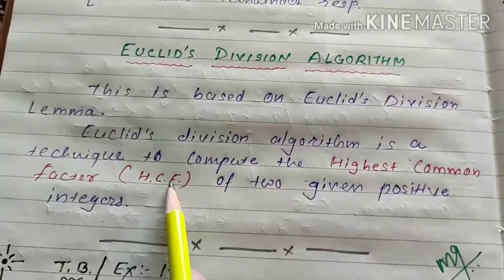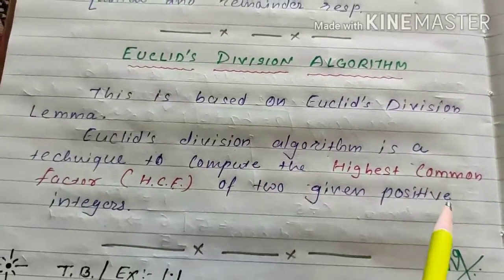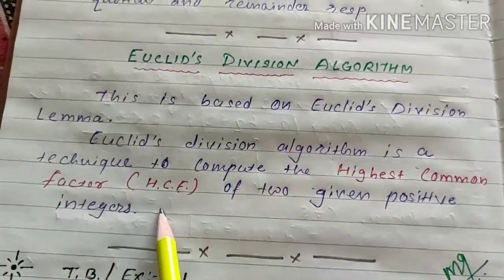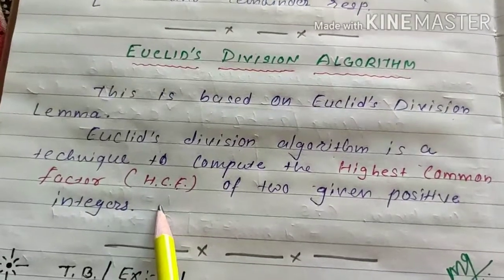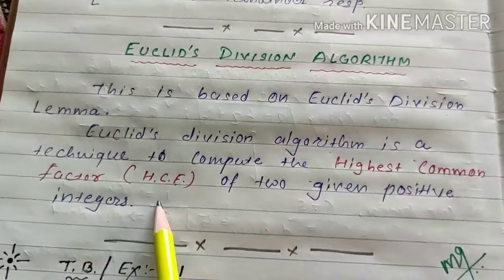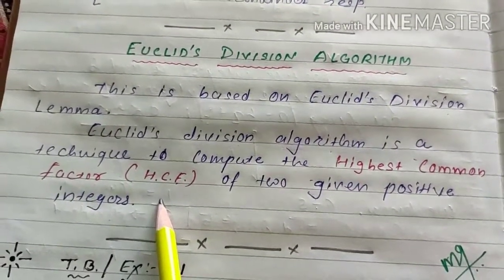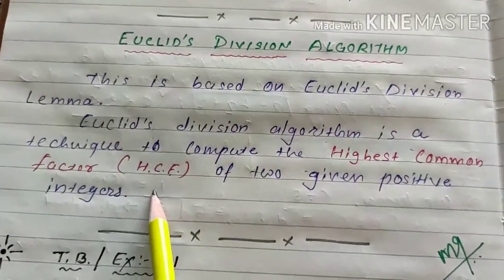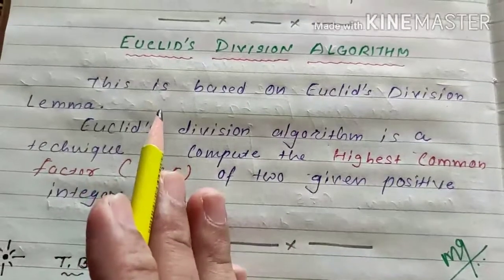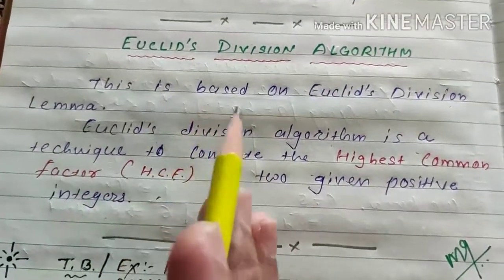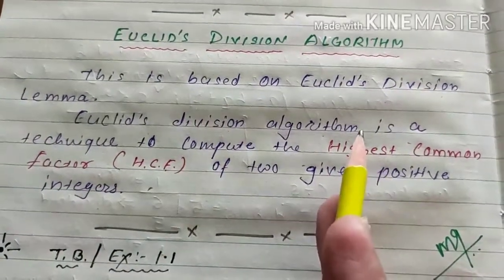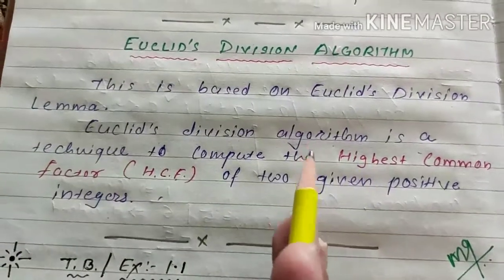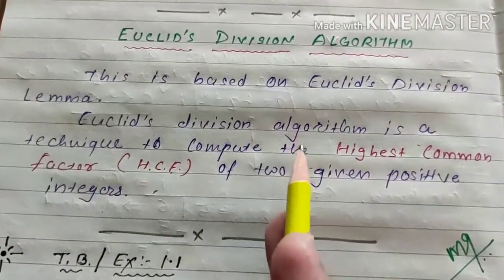You all are familiar with the HCF of the given positive integers. But remember students, our regular modern technique to find out HCF is not valid here. The answer is definitely the same with the modern technique or with the Euclid division lemma. But in this chapter we find out HCF with the use of Euclid division lemma.